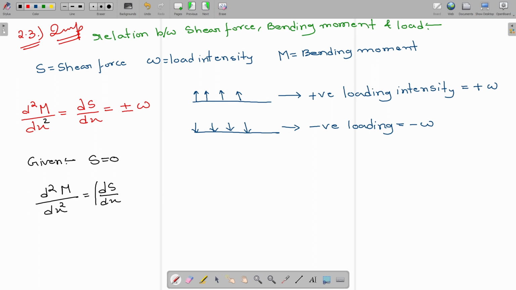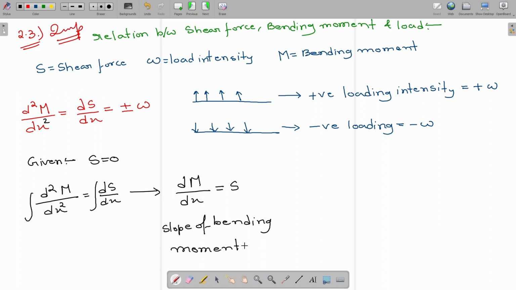Integrating both sides, we get dM by dx, that is the slope of bending moment, which gives us the shear force. This is called the slope of bending moment, is equal to shear force.